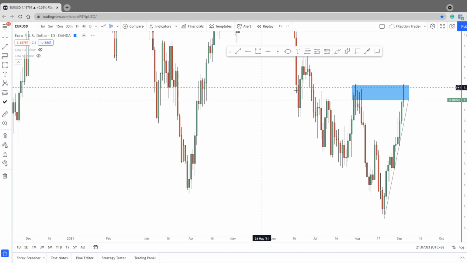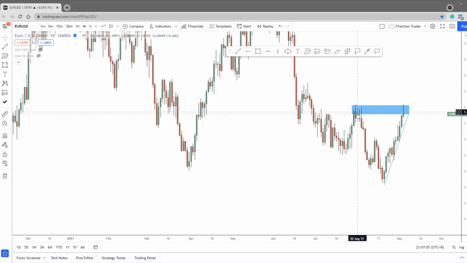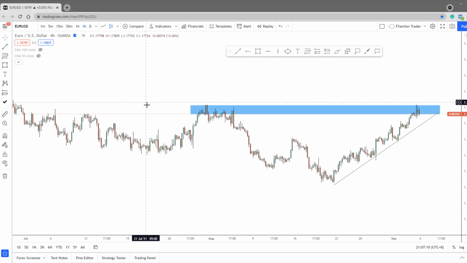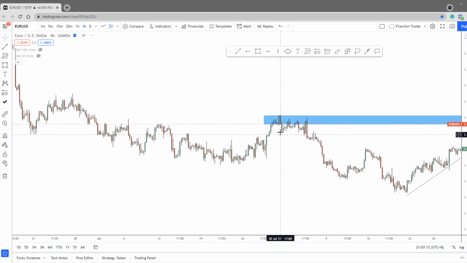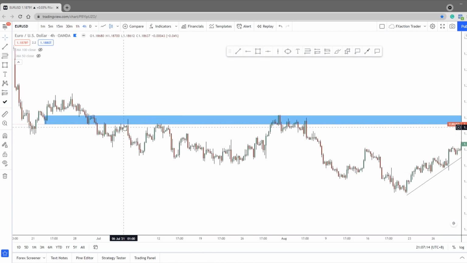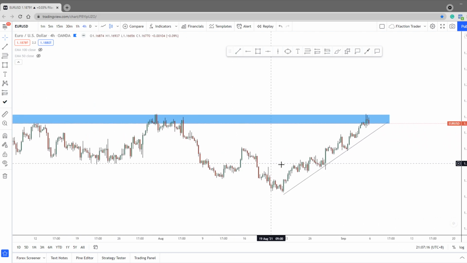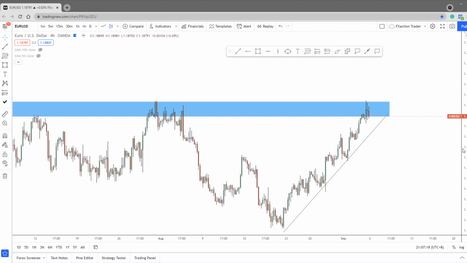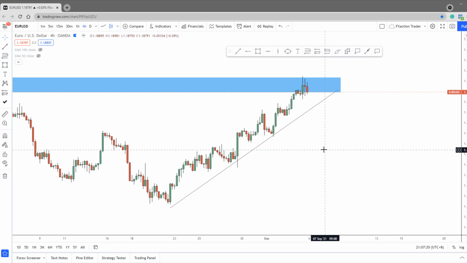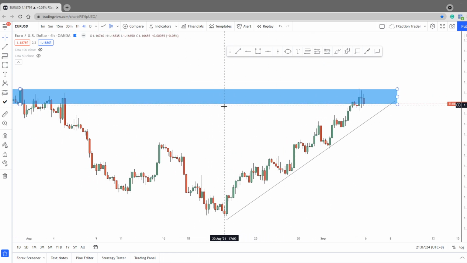Looking at the daily chart, this is also the daily resistance as well as the previous high on the H4 chart. If we look to the left, this is also an H4 resistance. But this doesn't mean that we are going to sell at this resistance area, because it might be broken and the uptrend might continue.